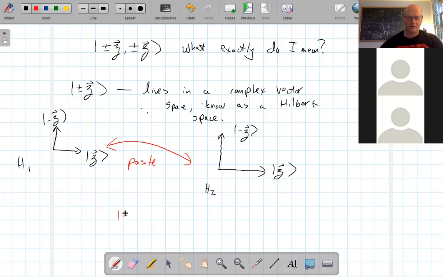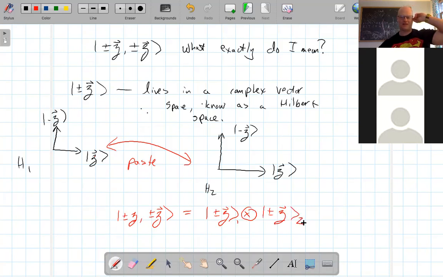So when I write down plus or minus z, comma, plus or minus z, what we really mean is that this is equal to the plus or minus z for the Hilbert space of particle 1, tensor product or direct product with the Hilbert space spin components for the second particle. Okay, so this is what we actually mean.